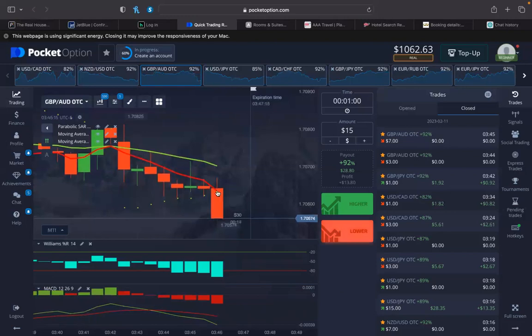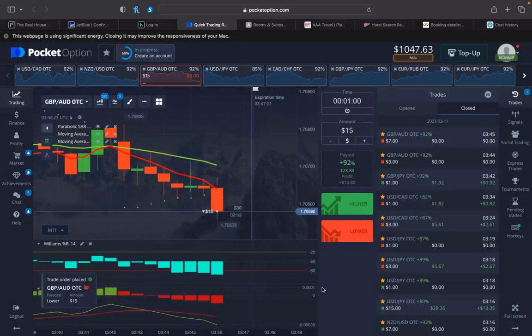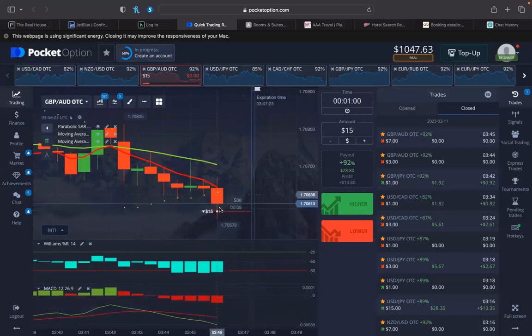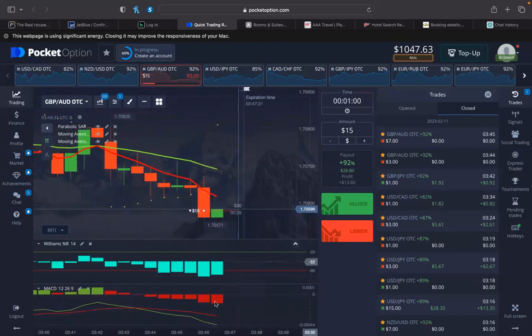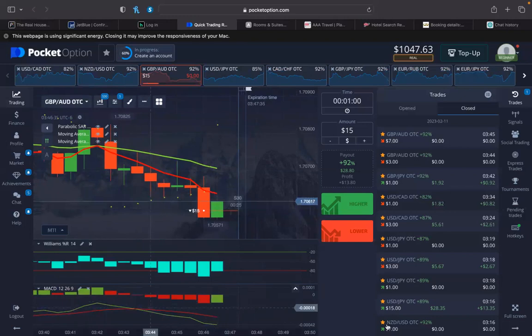It's dropped below this PSAR. It hadn't flipped over yet, but I'm going to go ahead and enter the trade. And I'm only entering the trade because it is significantly below that PSAR, as well as we see we have the Williams percentage bars well below the 50. And the same thing here, we have the red and we have the green line below the red.